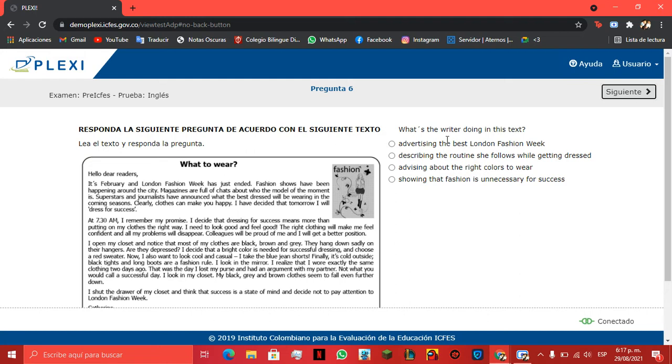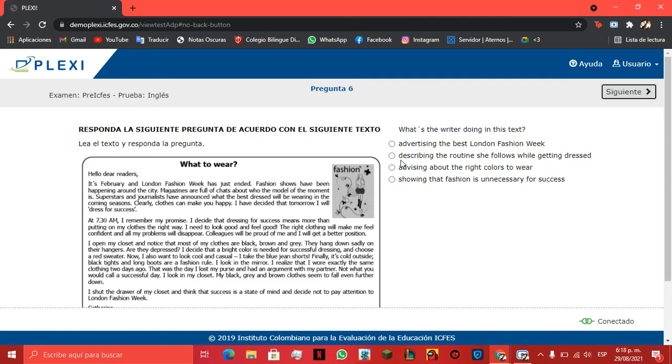No, it isn't, because it's part of the text, but the text isn't focused on advising about the right colors to wear, the same situation.